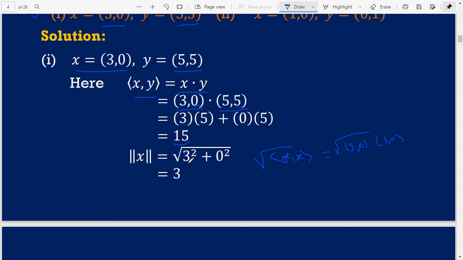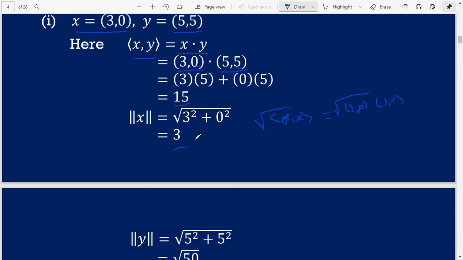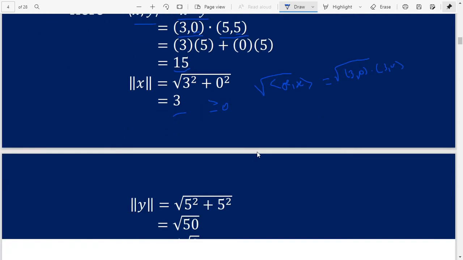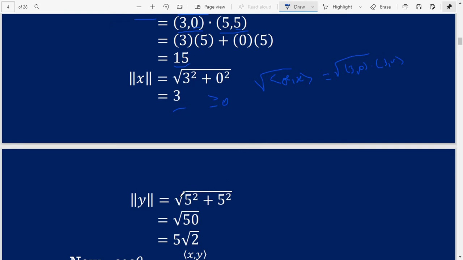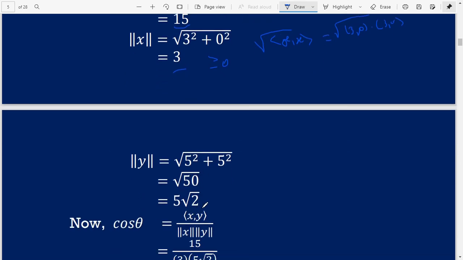So under root 3 square is equal to 3, because norm is always greater than or equal to 0. And norm y is equal to under root 5 square plus 5 square. So 25 plus 25 is equal to 50. So under root 50 is equal to 5 under root 2.